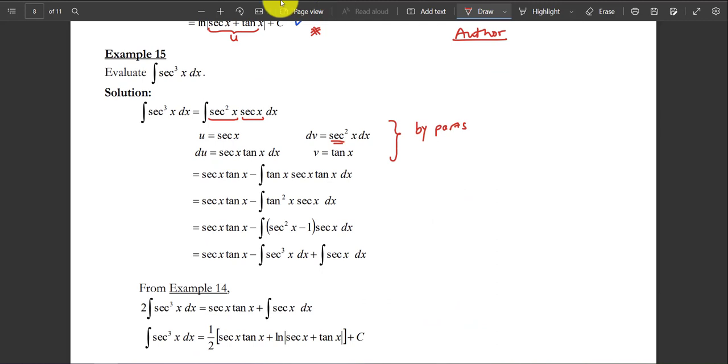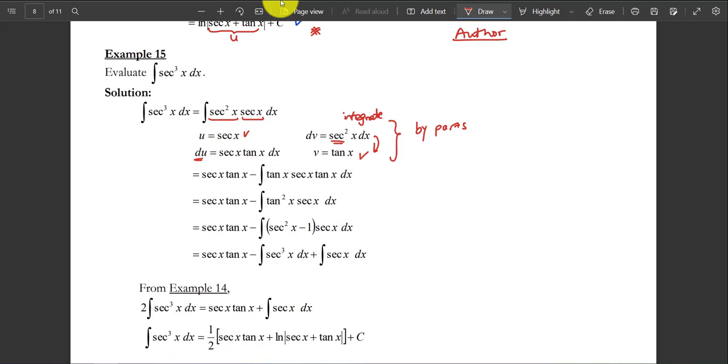So we choose this as dv, because dv we integrate to get v. Then the other is u. So if secant square is dv, then secant x is u. So for u, no problem to get du.